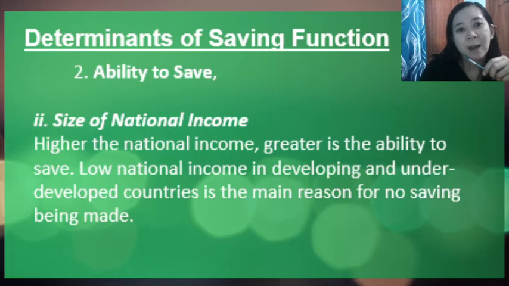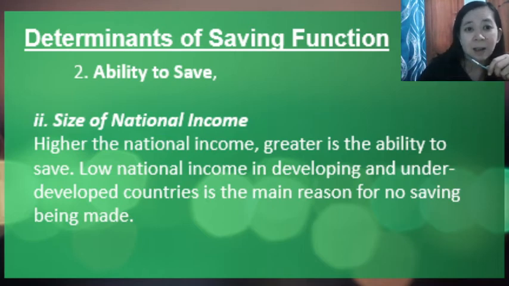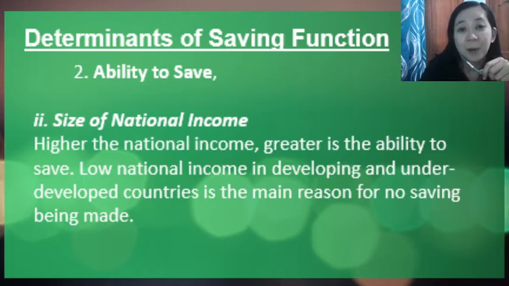The second factor is the size of the national income. The higher the national income, the greater is the ability to save. On the other hand, low national income is the main reason for no savings at all.